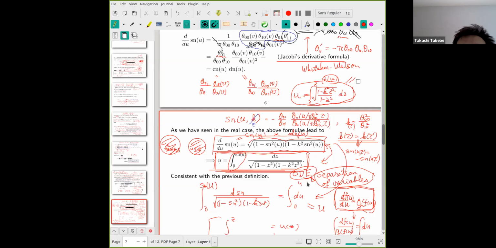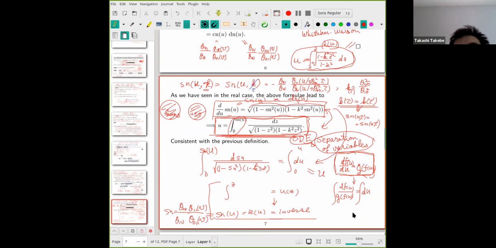And so that's why we can denote this ratio as a function of K. So that is Sn. That's some comments to last week's talk.